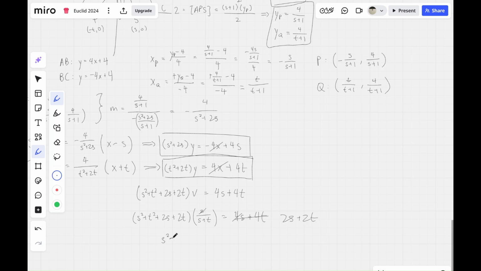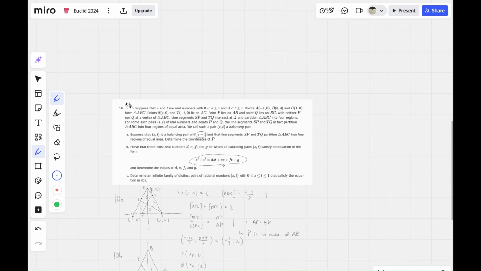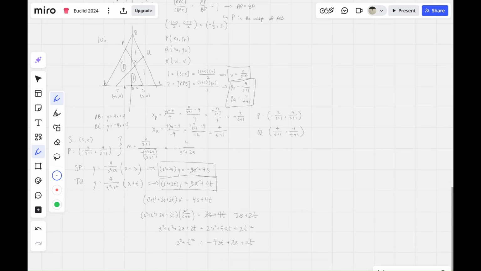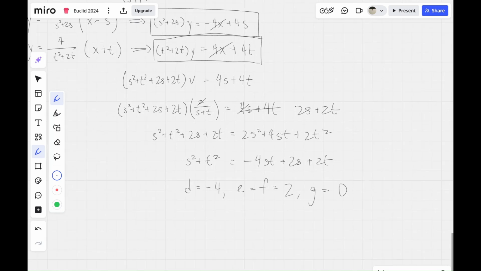Expanding gives s squared plus t squared plus 2s plus 2t equals 2s squared plus 4st plus 2t squared. And this gives s squared plus t squared equals negative 4st plus 2s plus 2t. If we look back at the equation form they want, that's the form they wanted. And so we get d equals negative 4, e equals f equals 2, and g equals 0.